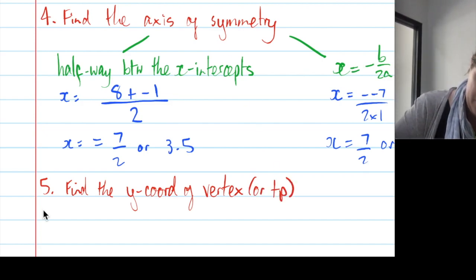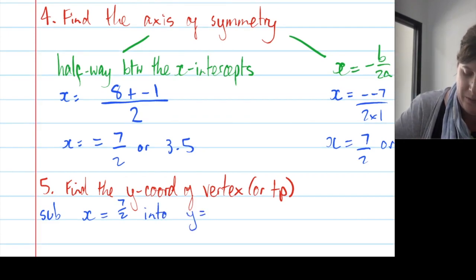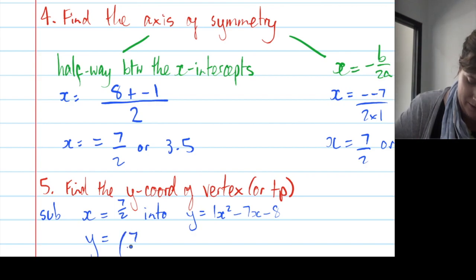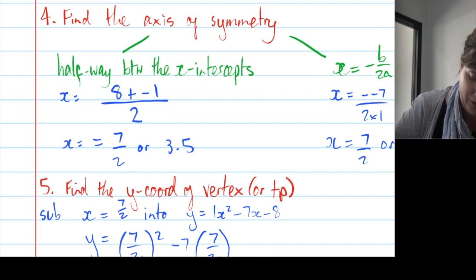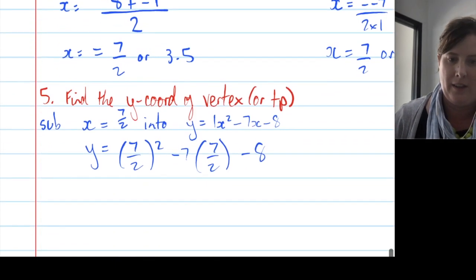So we sub x equals 7 on 2 into y equals, and our equation we started with was 1x squared take 7x take 8. So y equals 7 on 2 squared take 7 times 7 on 2 take 8. I hope you've got a calculator, because I don't.